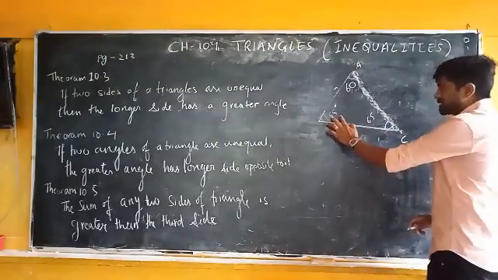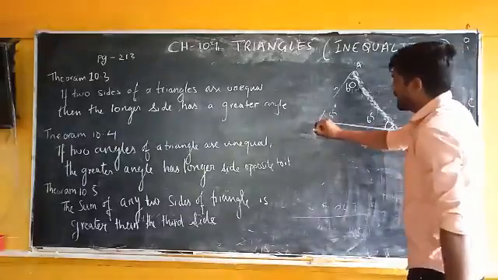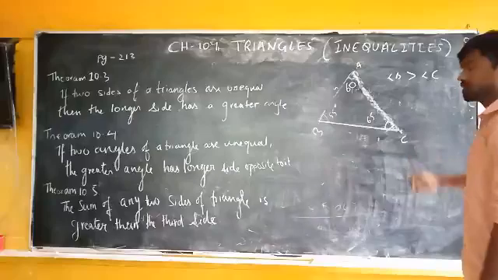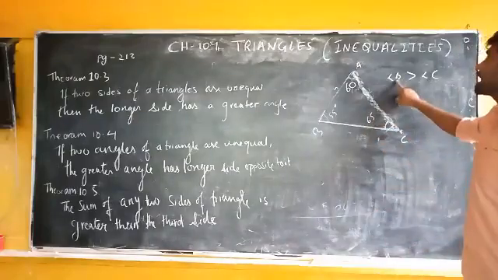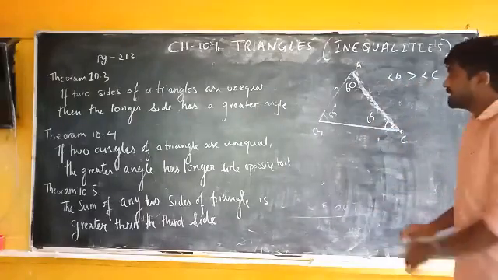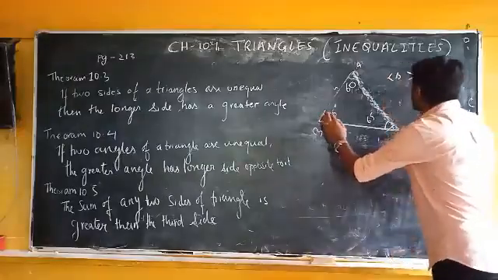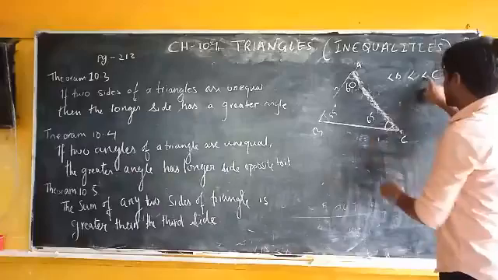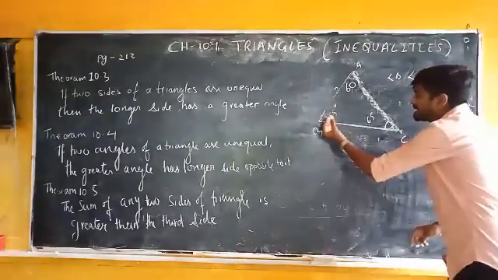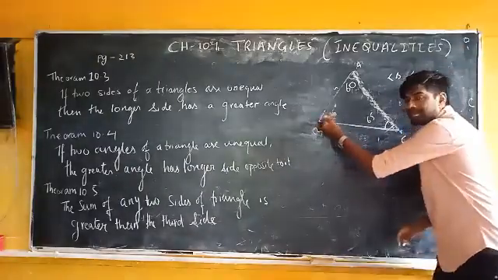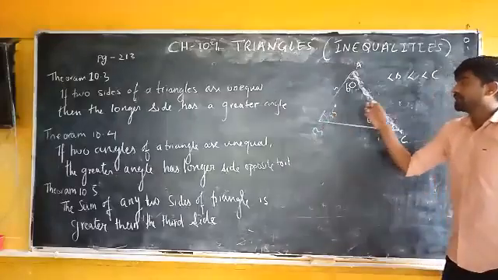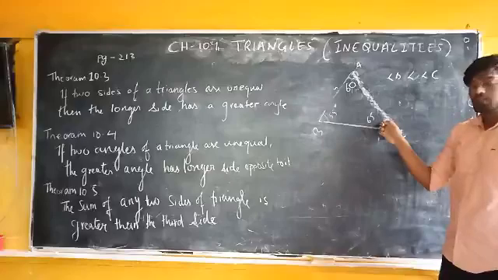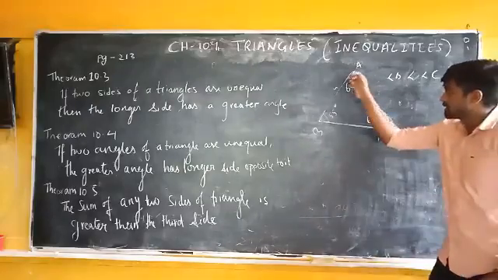So this is smaller than this. I would say angle B is smaller than angle C. If angle B is smaller than angle C, then the line opposite to angle B will be smaller than the line opposite to angle C. So what is the line opposite to C? AB.